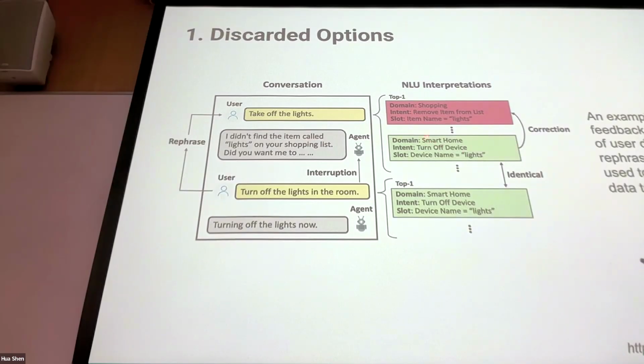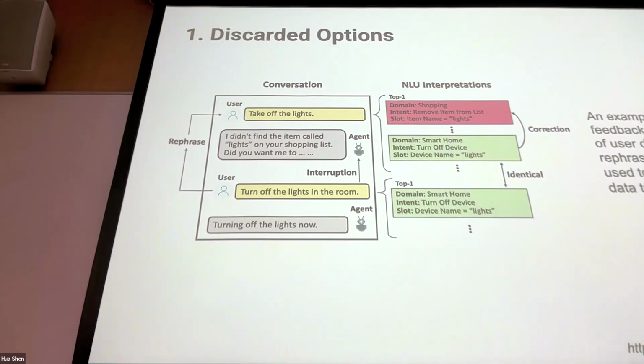That is actually not correct, because the model incorrectly identified the user's demand: the user wants to turn off the light, but the agent interpreted it as a shopping list. So that is incorrect. Then in the second turn, the model recognized that it's actually a smart home, and the user wanted to turn off the device, and that is corrected and the conversation follows.